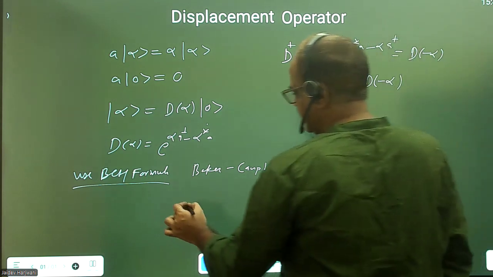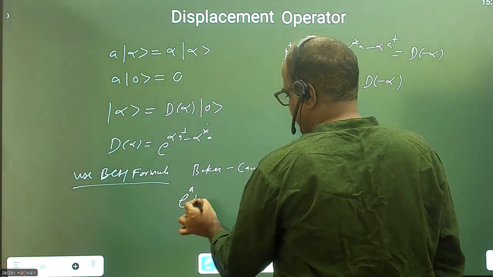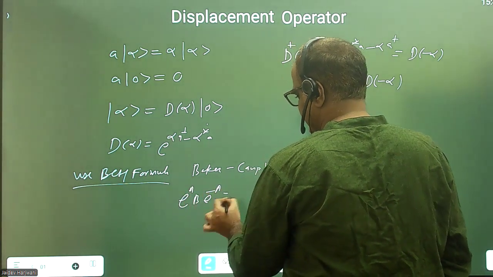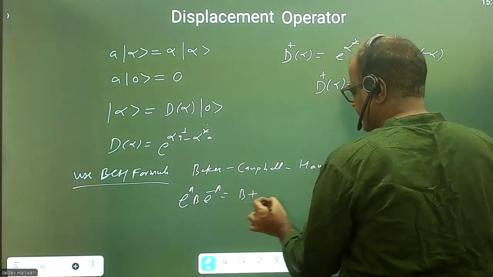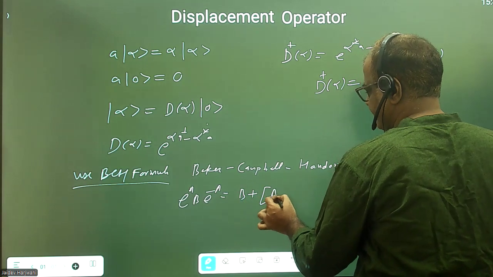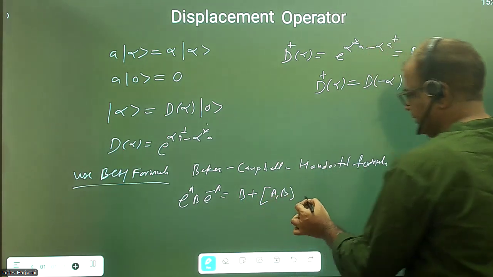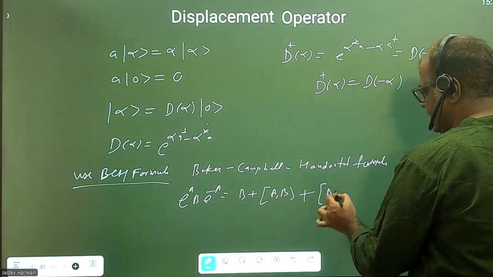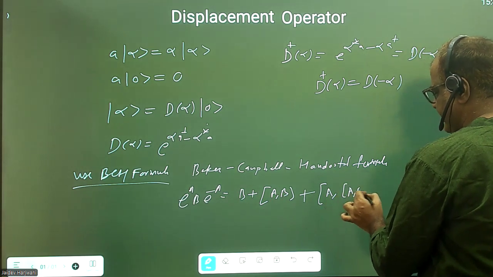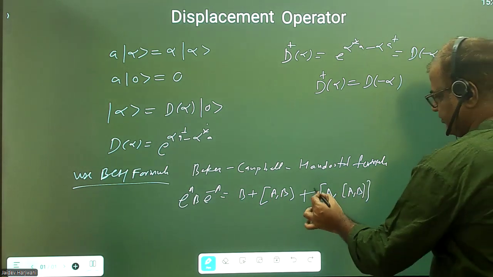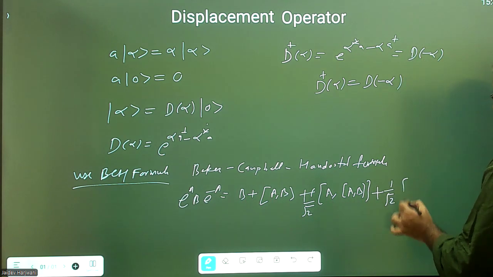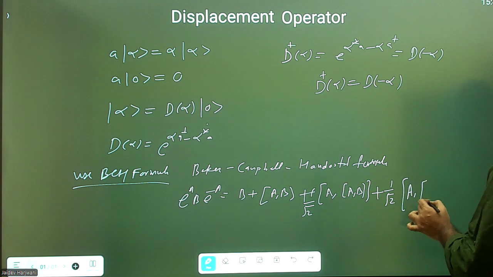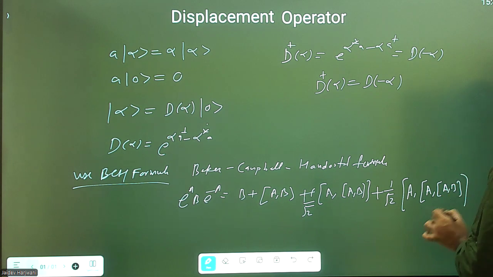Now this formula says e power A B e power minus A is equal to B plus the commutator of A, B, plus 1 upon 2 factorial the commutator of A with the commutator of A, B, plus 1 upon 3 factorial the commutator of A with the commutator of A with the commutator of A, B, and so on.